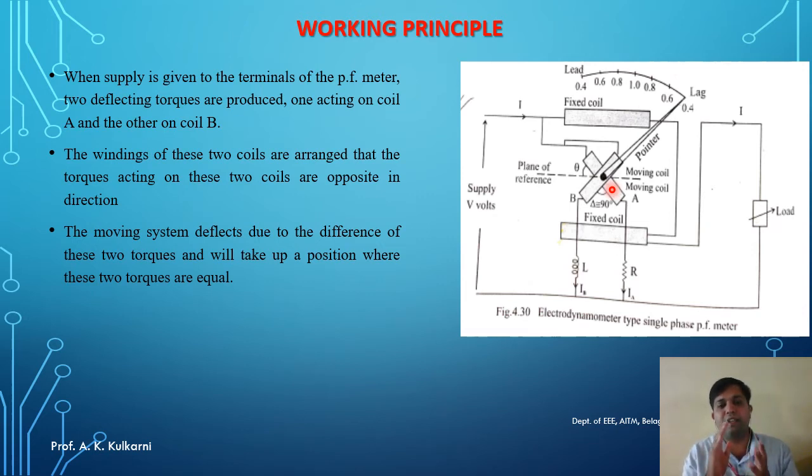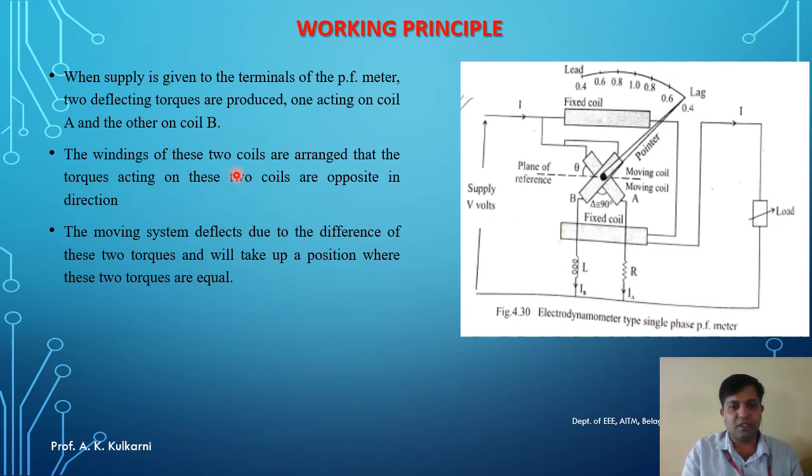Whenever there is an opposite force, they will try to interact with each other, right? Likewise, the torques created by these two coils will try to interact with each other. So due to that, what will happen? The pointer which is mounted on these two coils will try to move either in left direction or in right direction. So depending upon this interaction force, the pointer will try to move in either of the directions.